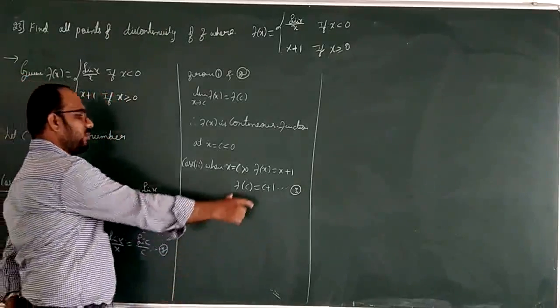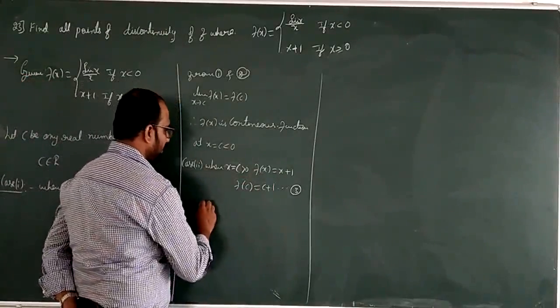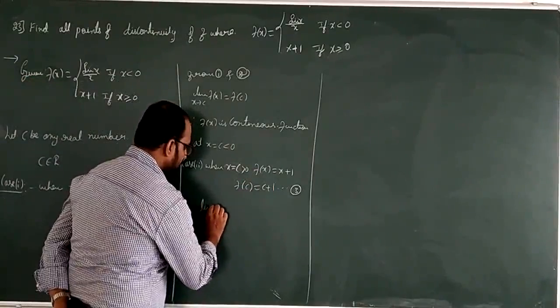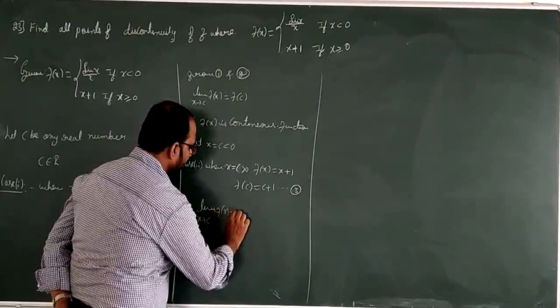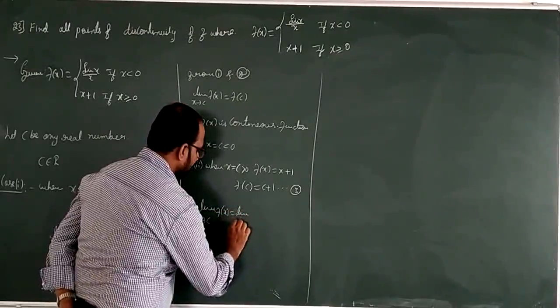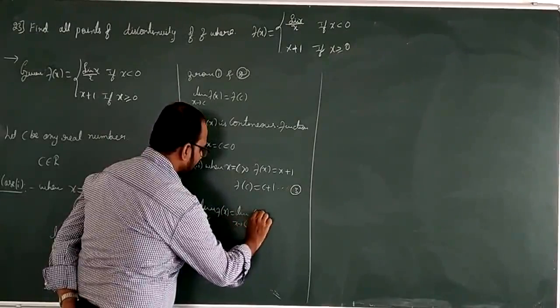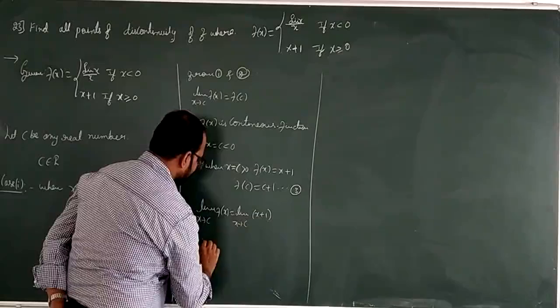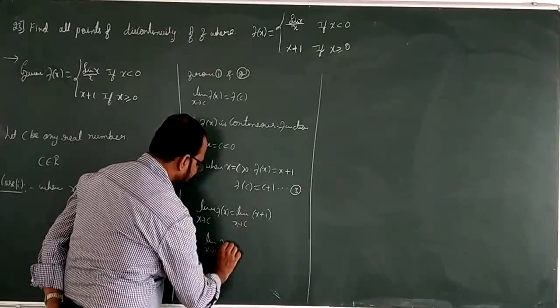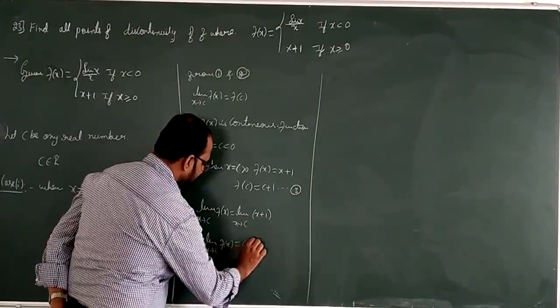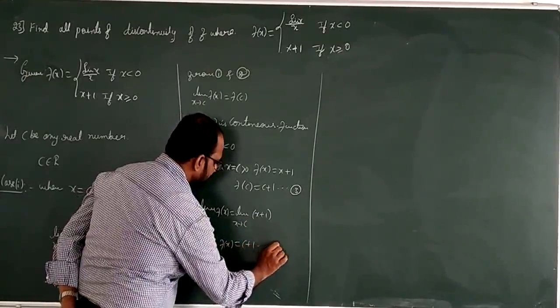Now apply limit on both sides, then we will get limit x tends to c, f of x is equal to limit x tends to c, x plus 1, that is limit x tends to c, f of x is equal to c plus 1. This is called equation 4.